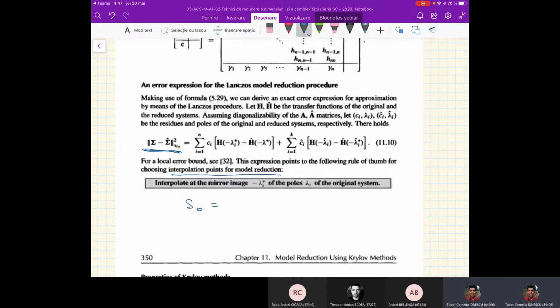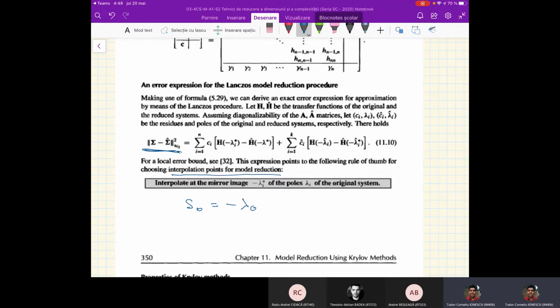Your S0 should be minus lambda 0, so minus the eigenvalue of the reduced order model. Of course, someone immediately asks, but this is ridiculous because I do not know the eigenvalue of my soon-to-be reduced order model.